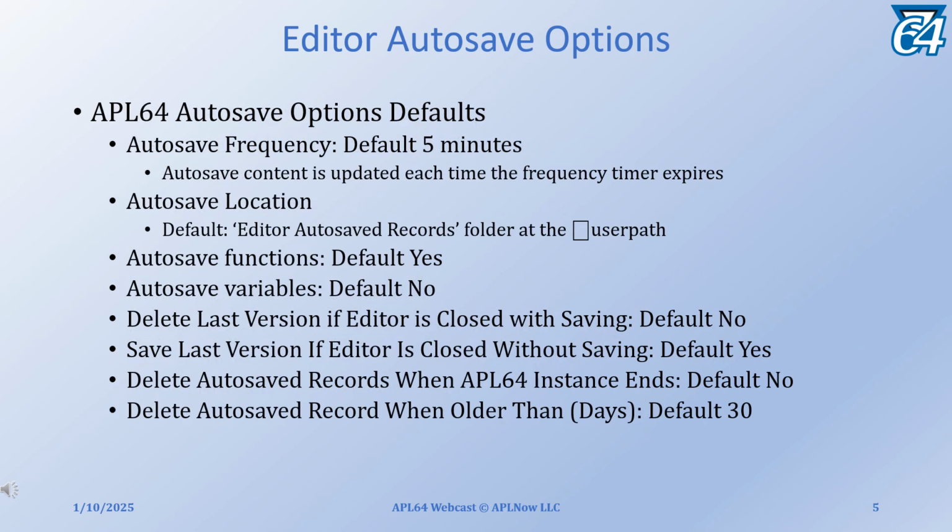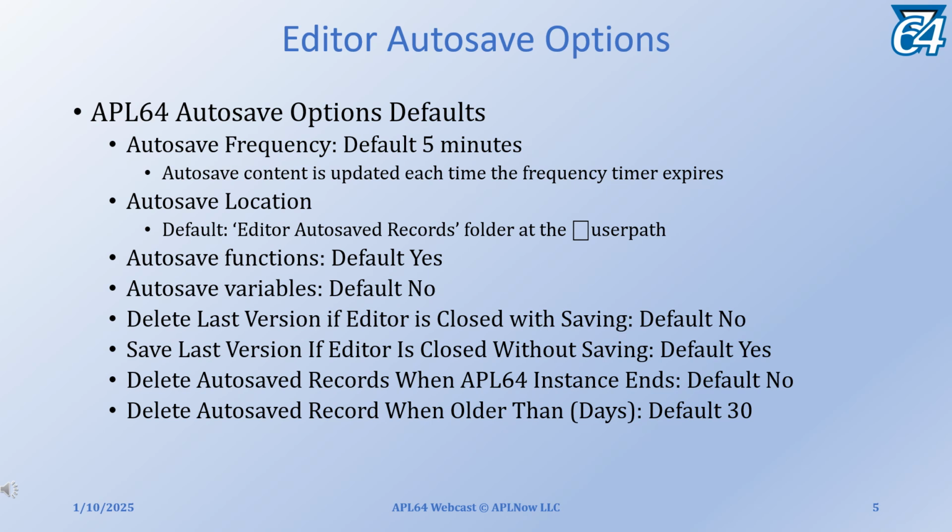The APL64 autosave options defaults include: frequency is 5 minutes. Location is a subfolder in the quad user path folder. Functions are autosaved. Variables are not autosaved.